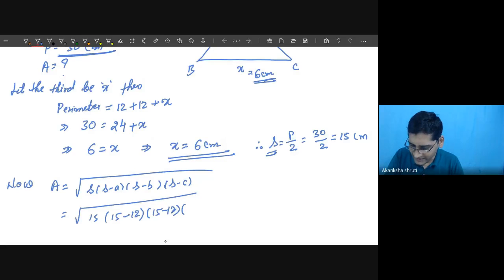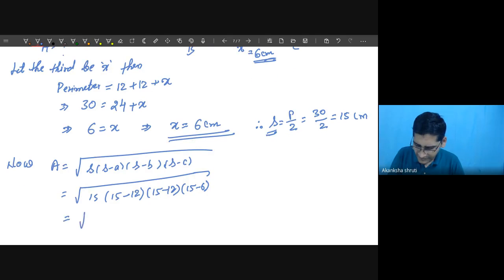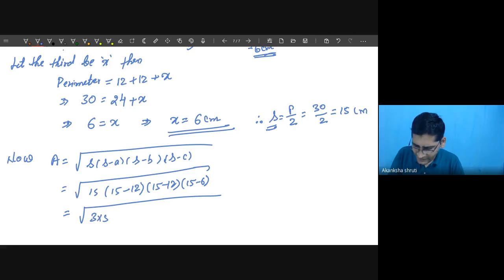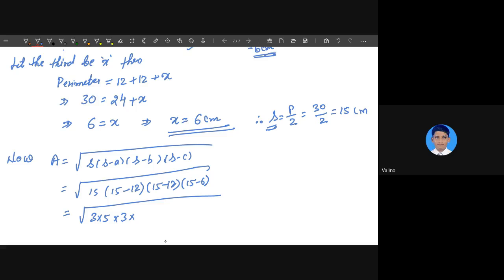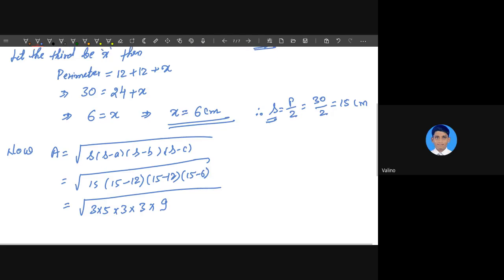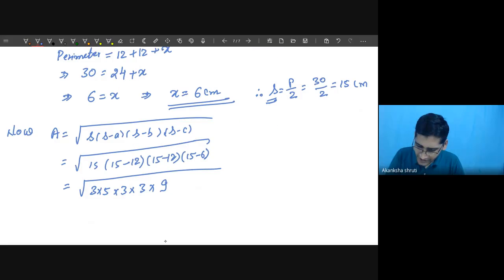So S minus C means 15 minus the third side, which is 6. So go for factorizing. 15 is 3 into 5. Then another is 12; 15 minus 12 is 3 only. The other one is 12, 15 minus 12 is 3. The other one is 15 minus 6, which is 9. So this 9 can be written as 3 into 3.